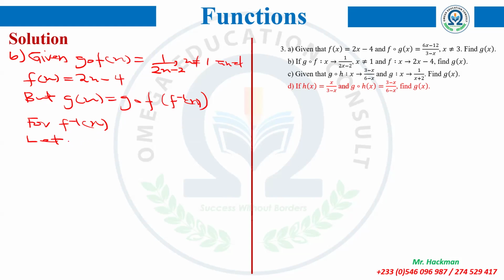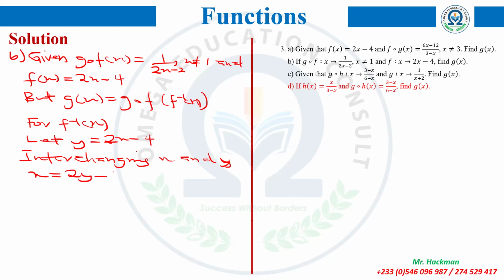Now let y be equal to your f of x, which is 2x minus 4. In that case, the next step will be interchanging x and y. And as we start marking together, very soon your test will come. So what do we have? x equal to 2y minus 4.